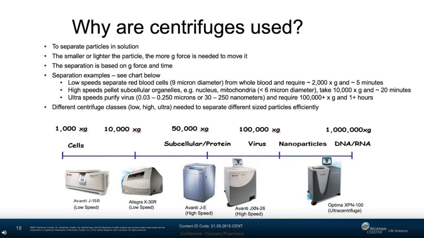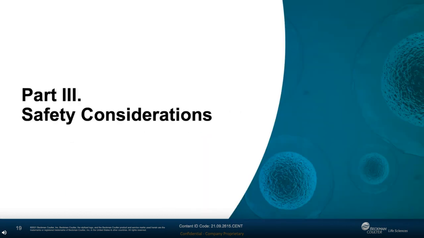Very small particles like viruses move the slowest, so they require forces typically over 100,000 Gs, generated by an ultracentrifuge, to move fast enough to perform a separation in approximately 2 hours. So the size and or mass of a particle to be separated dictates the best type of centrifuge to be used.